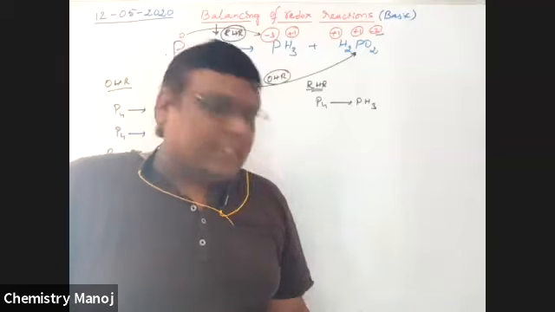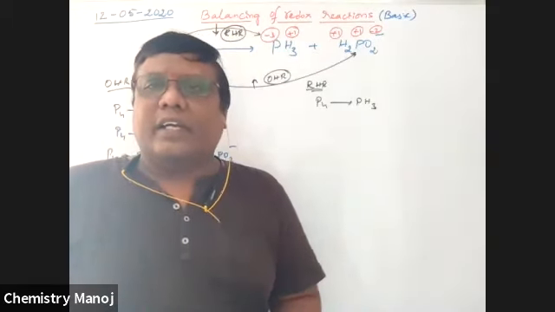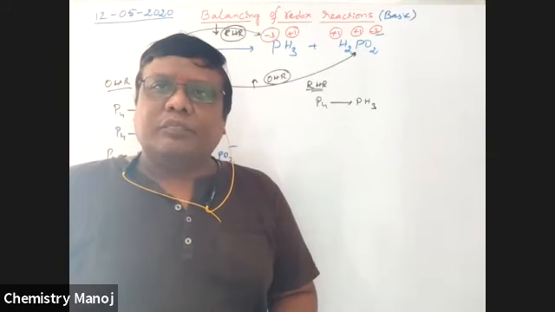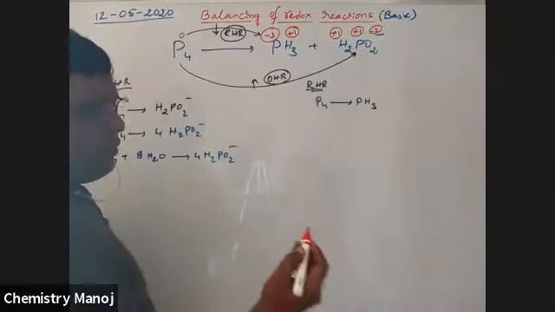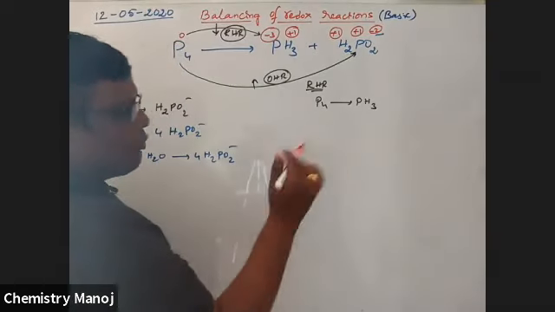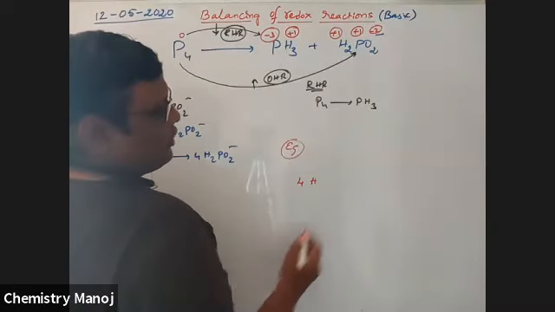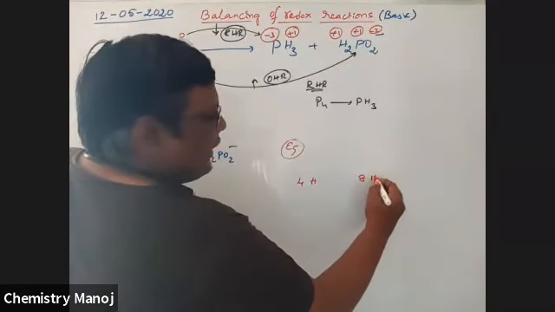In the previous case, in acidic medium, for balancing hydrogen, H plus are added in the required number. But please see here. I'm going to take an example. In LHS, 4 hydrogens are there; in RHS, 8 hydrogens are there.